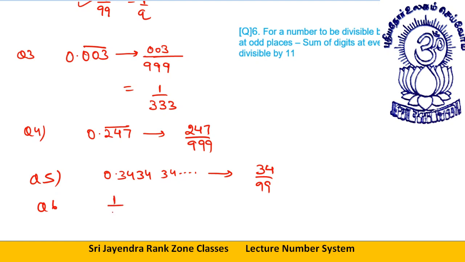Next, 1 by 11 is equal to, dear students, if I want to express this in decimal, see students, I'll tell you a very good shortcut for this first of all.